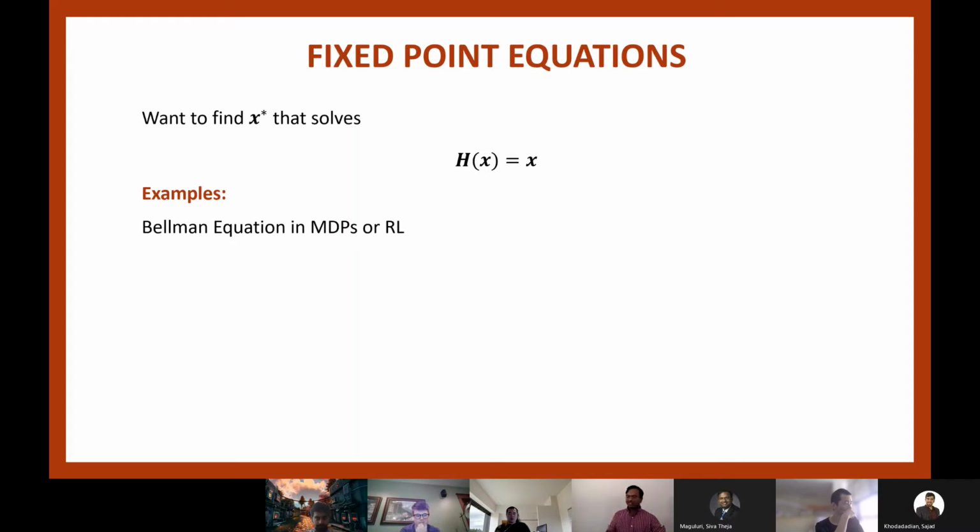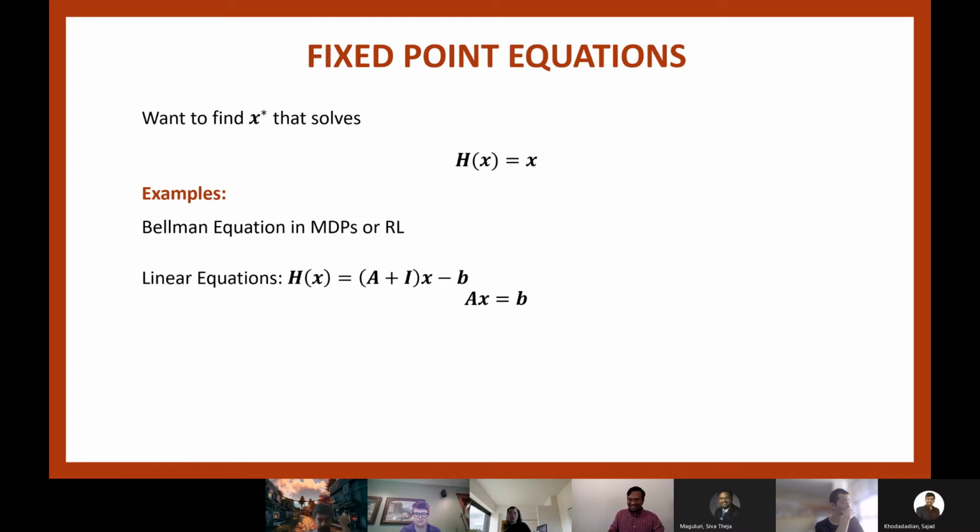So why are we interested in solving fixed point equations? Zaive will talk about MDPs and reinforcement learning in part 2 of this tutorial. And the Bellman equation plays an important role in reinforcement learning. And Bellman equation is of this form. So solving Bellman equation is like solving a fixed point equation. And I haven't told you much about what H is. In general, it can be nonlinear. Many a time it is indeed nonlinear.